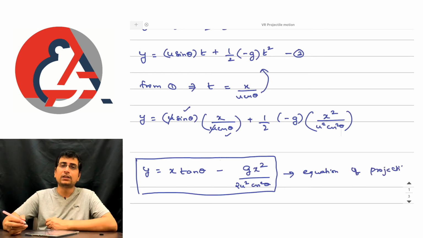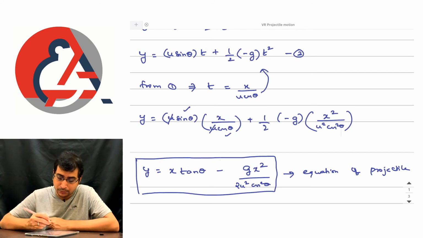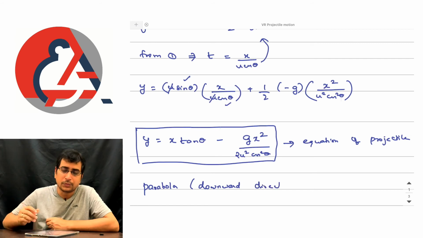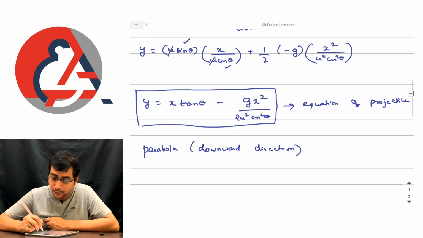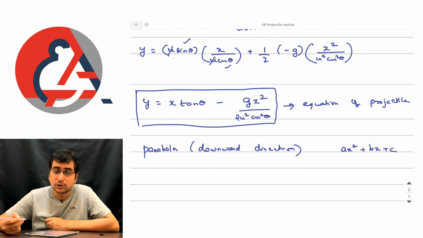According to mathematics, it is a second degree equation in x. So this represents a parabola which is facing in the downward direction, because from our 10th standard basics we know that if you have a second degree equation ax square plus bx plus c, it represents an upward parabola if the coefficient of x square, that is a, is greater than 0.